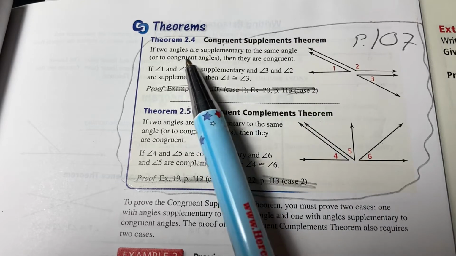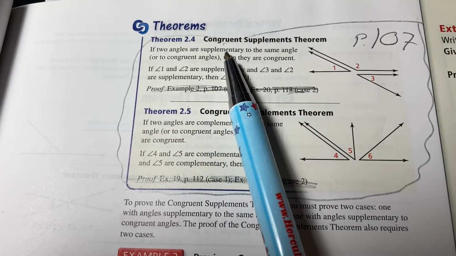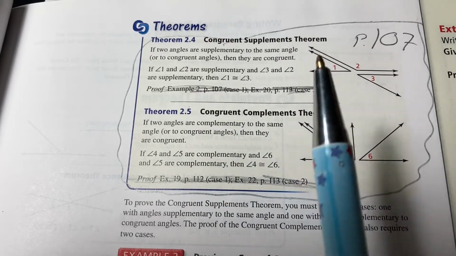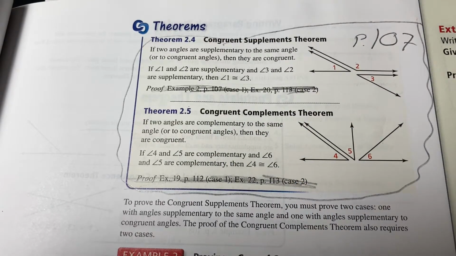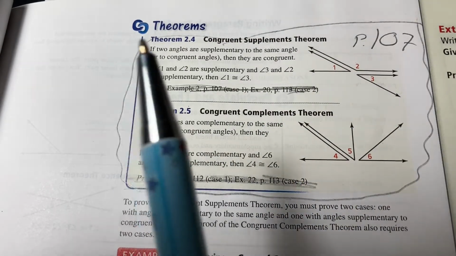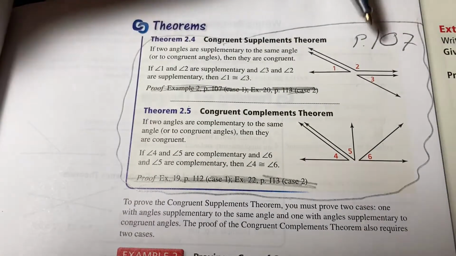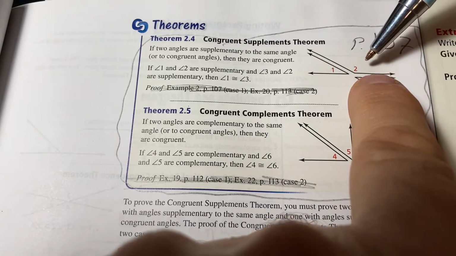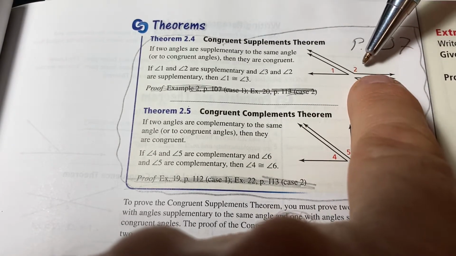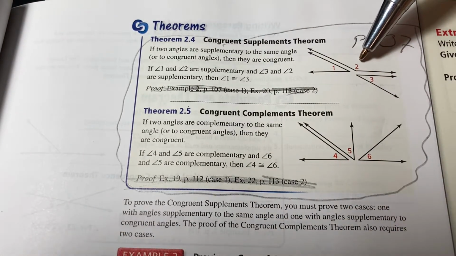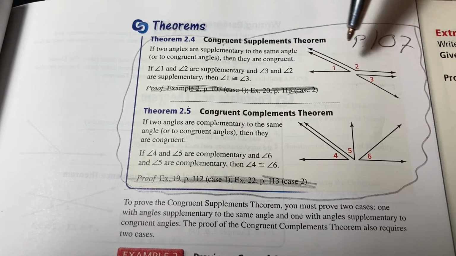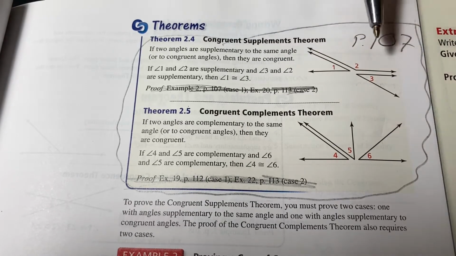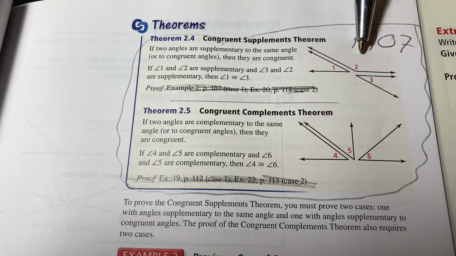The Congruent Supplements Theorem states: if two angles are supplementary to the same angle, or to congruent angles, then they are congruent. So if this angle is 150 degrees and these are supplementary, that means that one has to be 30 degrees, because 30 plus 150 is 180.